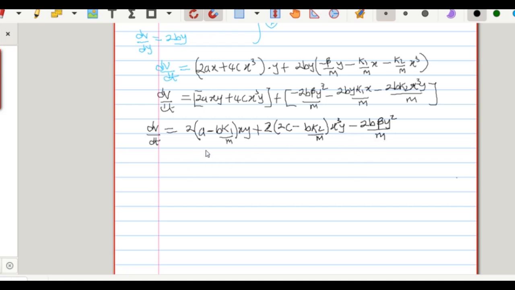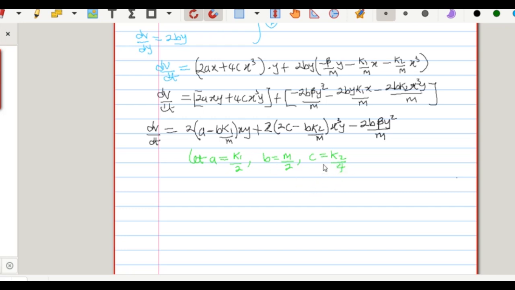From here we are going to let a be equal to k1 over 2. We are going to let b be equal to m over 2, and we'll let c be equal to k2 over 4.